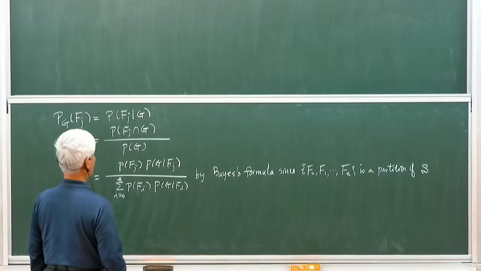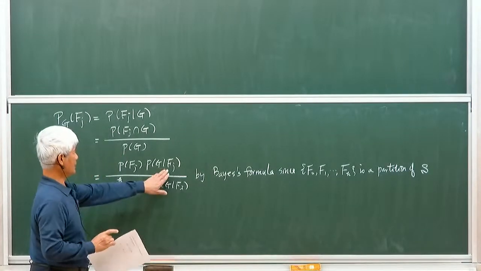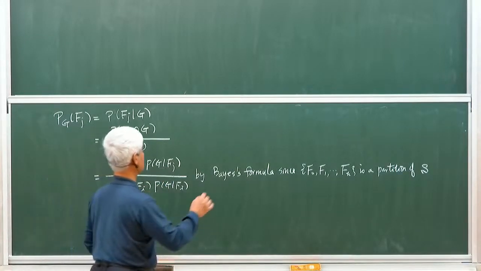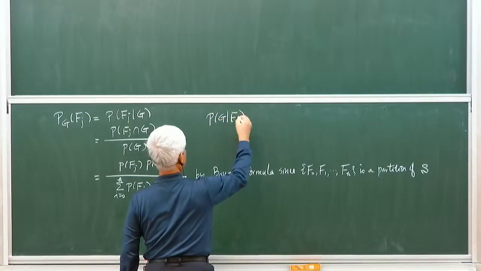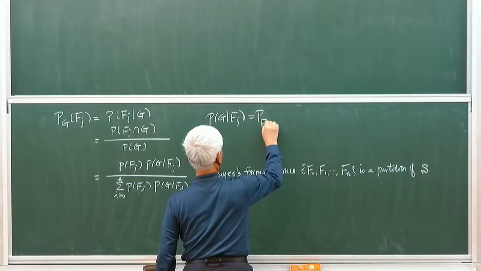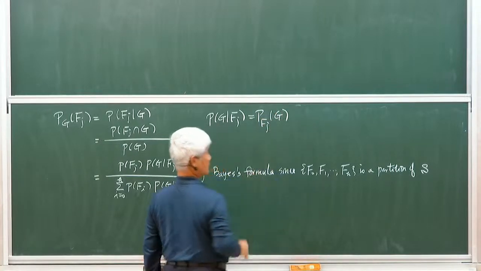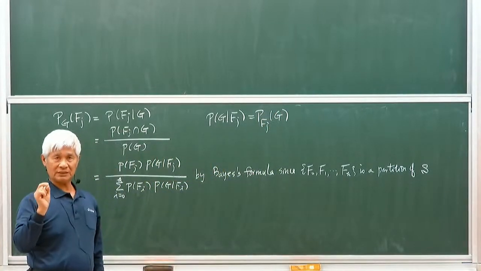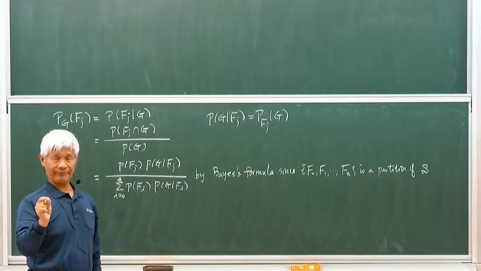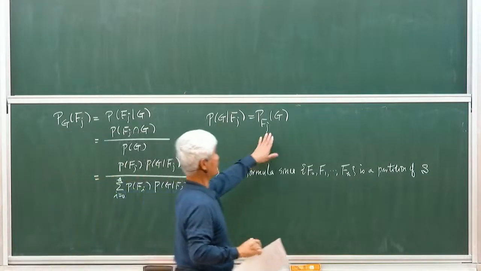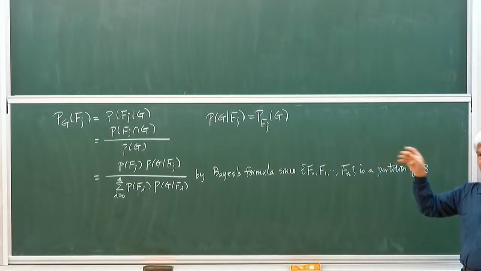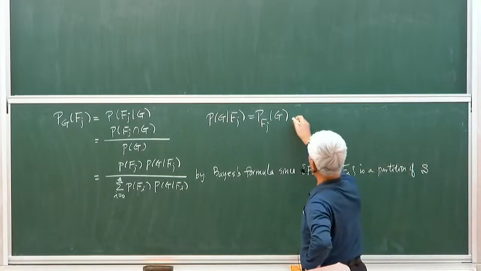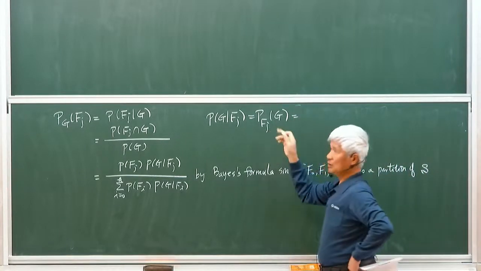Now, this conditional probability is easy. This is P_Fj of G. If the j-th coin is selected, then the coin tosses become independent. What is G?